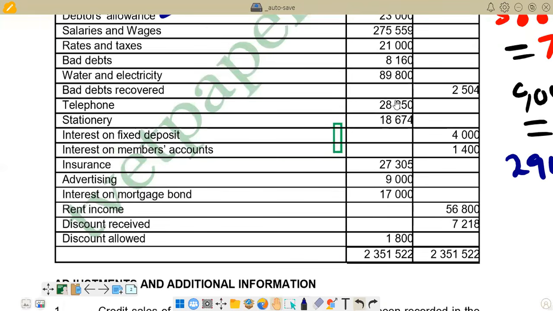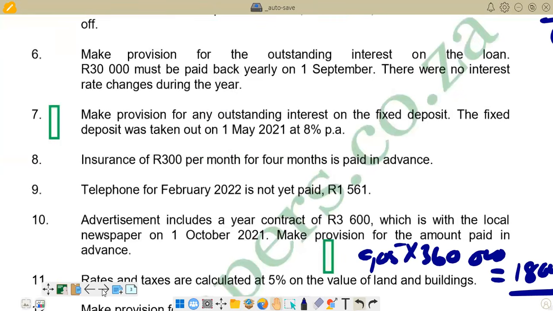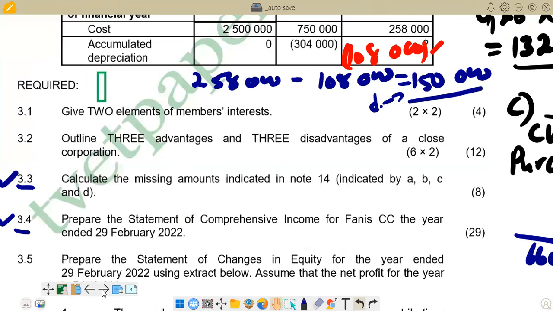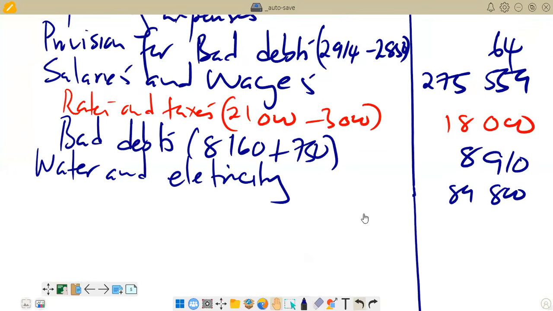is 28,250. So we add the two. So we are saying telephone, in brackets we are saying 28,250.